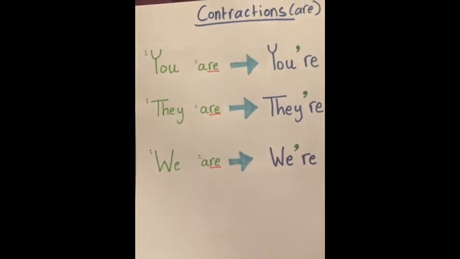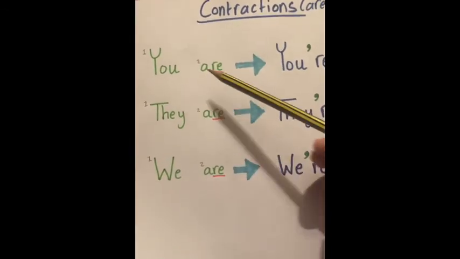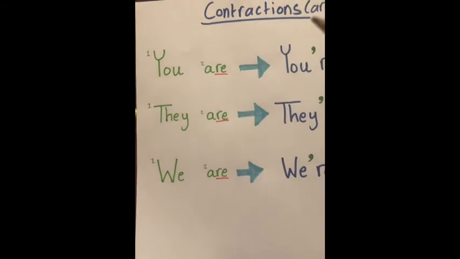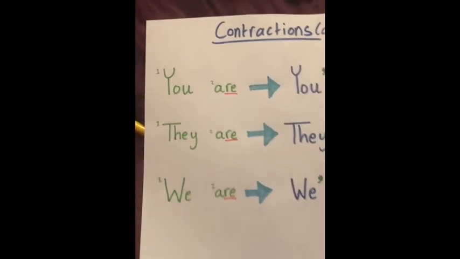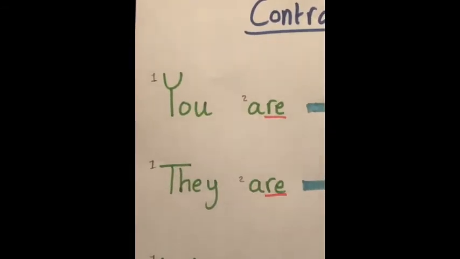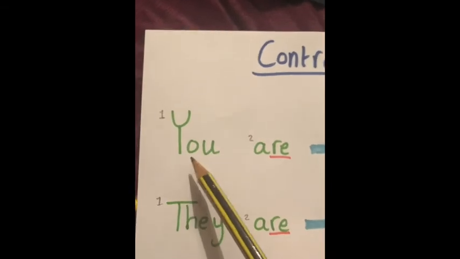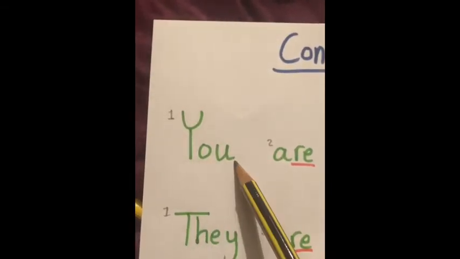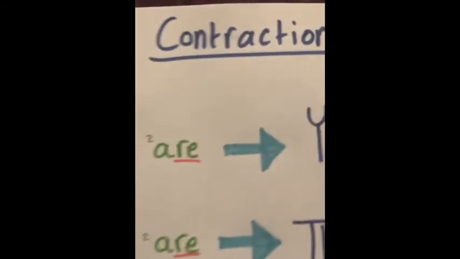Okay, now let's see how do we make the contractions for two words that have one of them as are. Okay? Now, let's see. You are. First of all, we use the same way. We see. What is the first word in you are? You, right? You. So we write you as it is. You. Okay? We don't change anything.